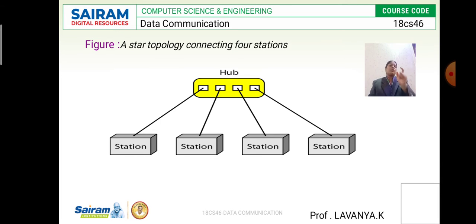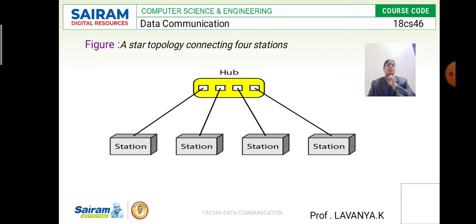What is the advantage of the star topology? Here also we can easily find the fault isolation method, and we require very few input output ports or connections to build the star topology network.